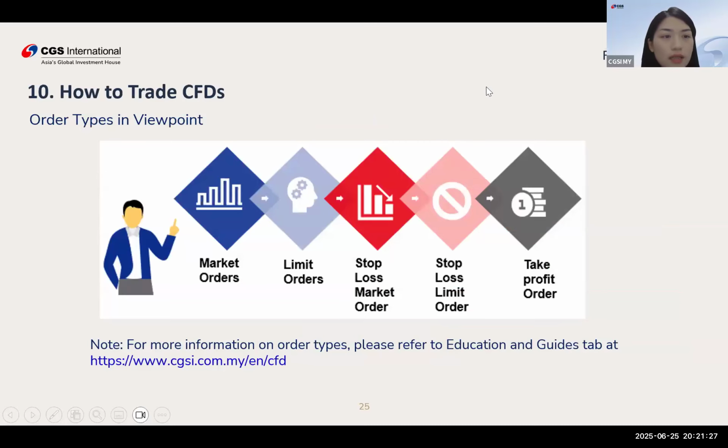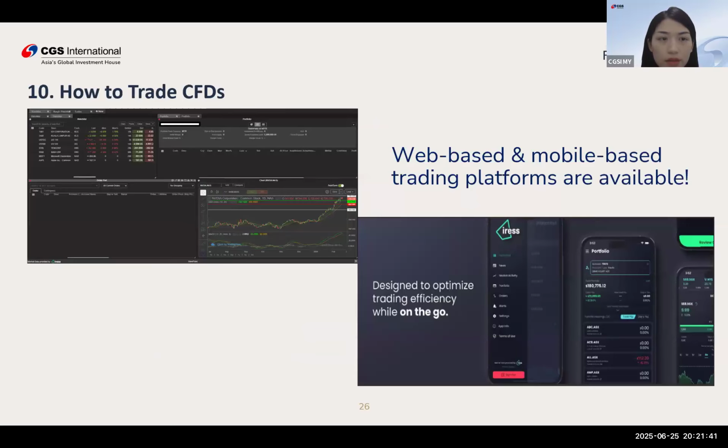Okay, so these are the order types available on our CFD platform. You can get market order, limit order, stop loss market order, stop loss limit order, and also take profit order. We are pleased to inform that we do have our web-based and also mobile-based trading platform.